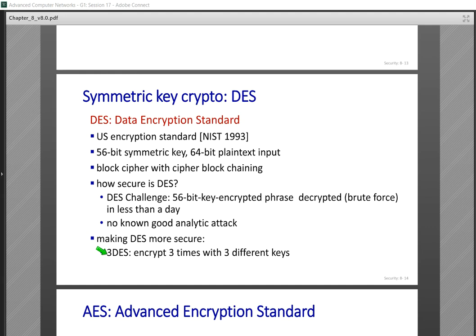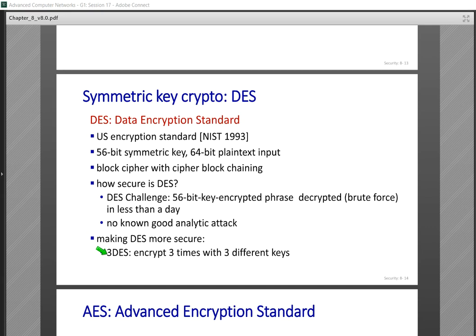How? During the first step, I'm using, for example, key number 1. In the second round, I'm using key number 2, and in the third round, I'm using key number 1. So in triple DES, we need 3 different keys, but we can reduce them into 2 different keys.